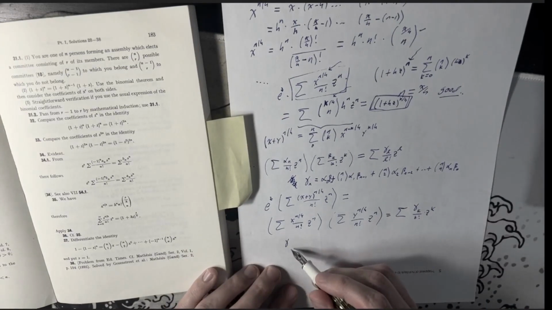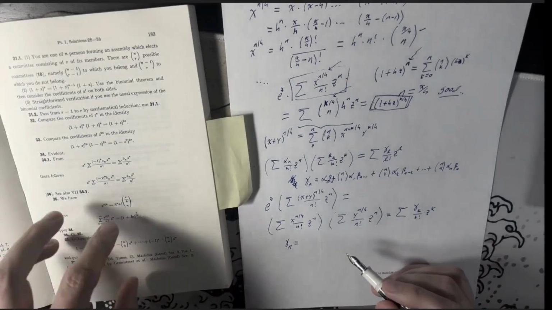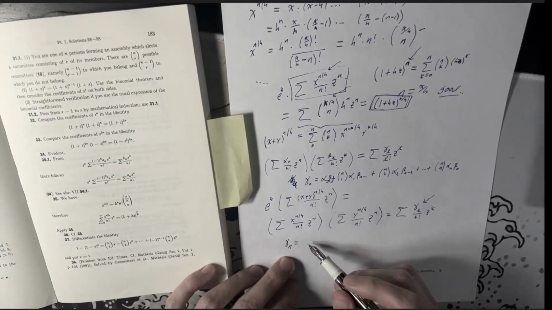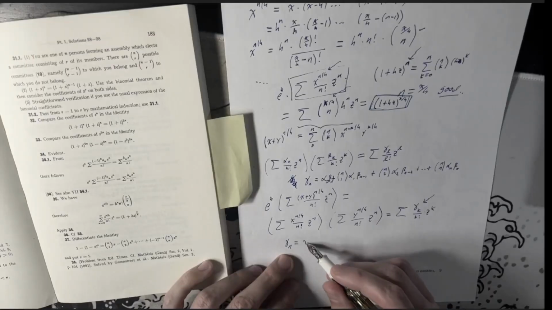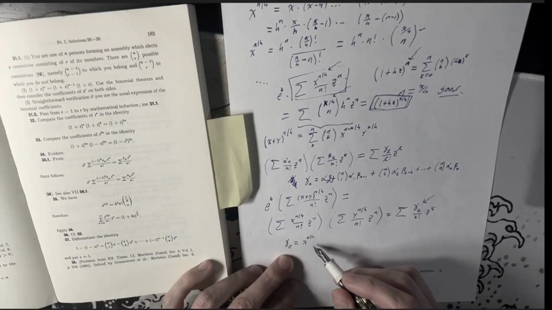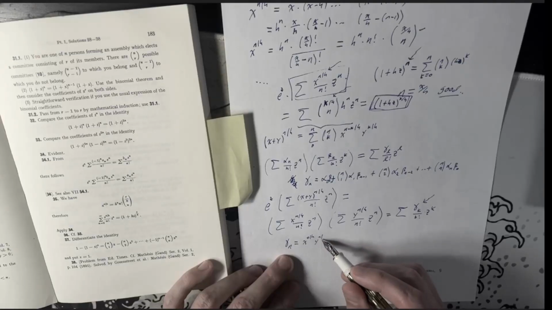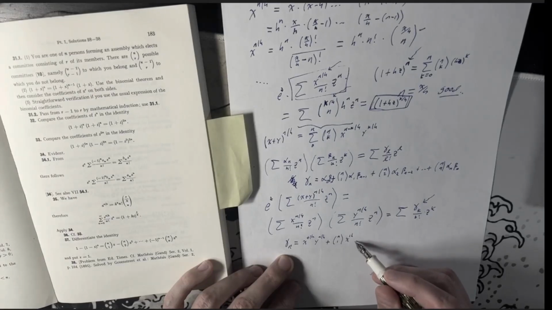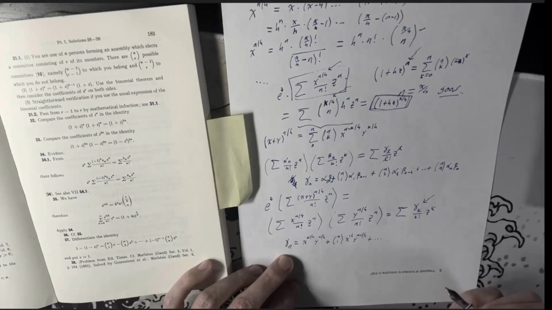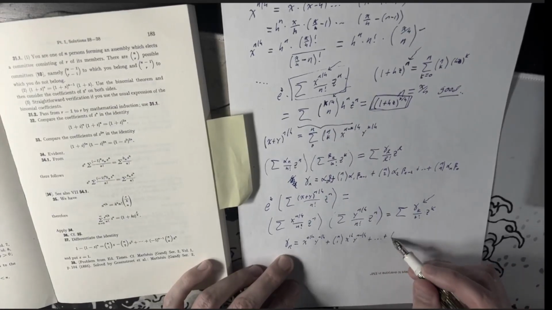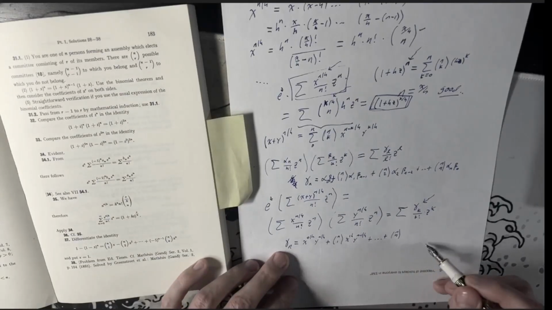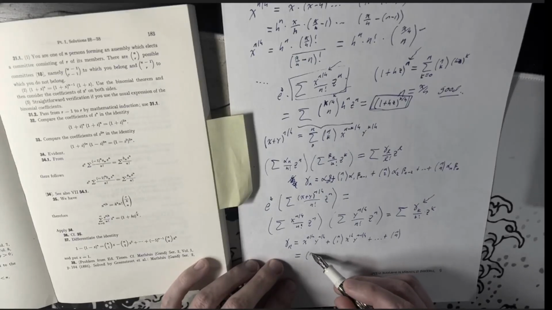But the formula for this would be the answer that he wants us to prove. The nth coefficient would be x to the 0 h y to the n h plus n choose 1 x to the 1 h y to the n minus 1 h, etc., which is what we're supposed to be showing that this stuff equals this.